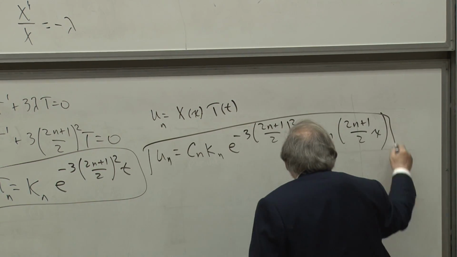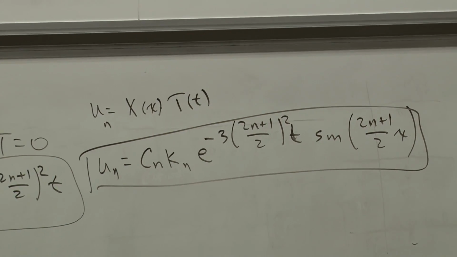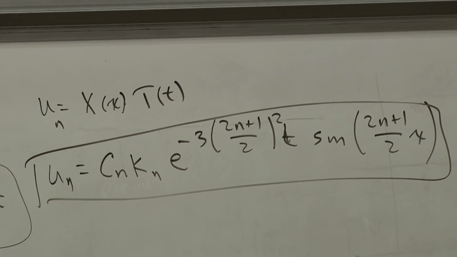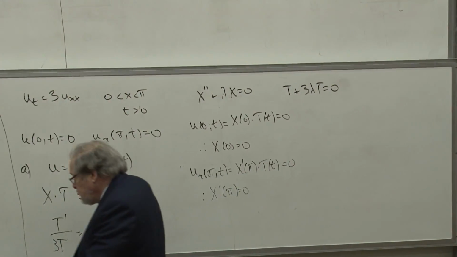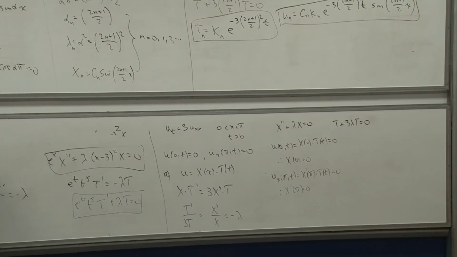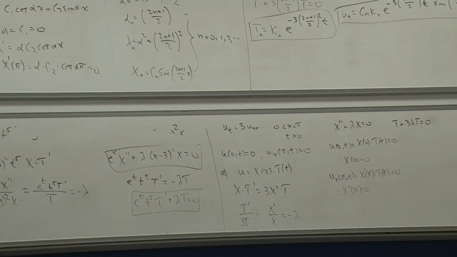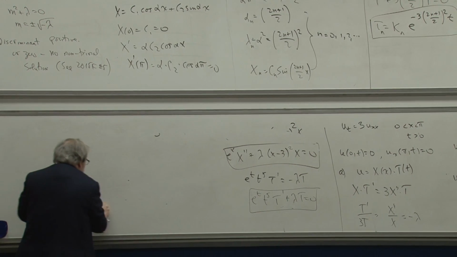So that for each value of n is a solution to the heat equation. And now we move on to part D.